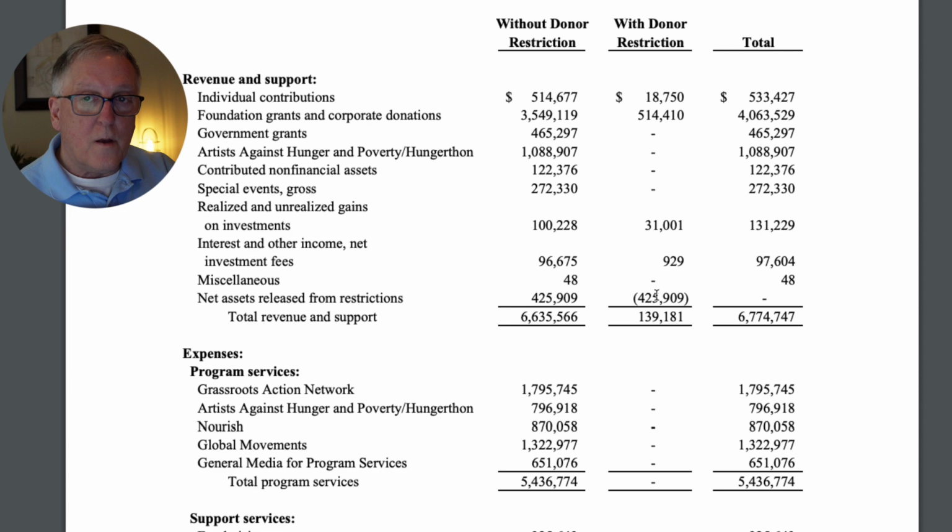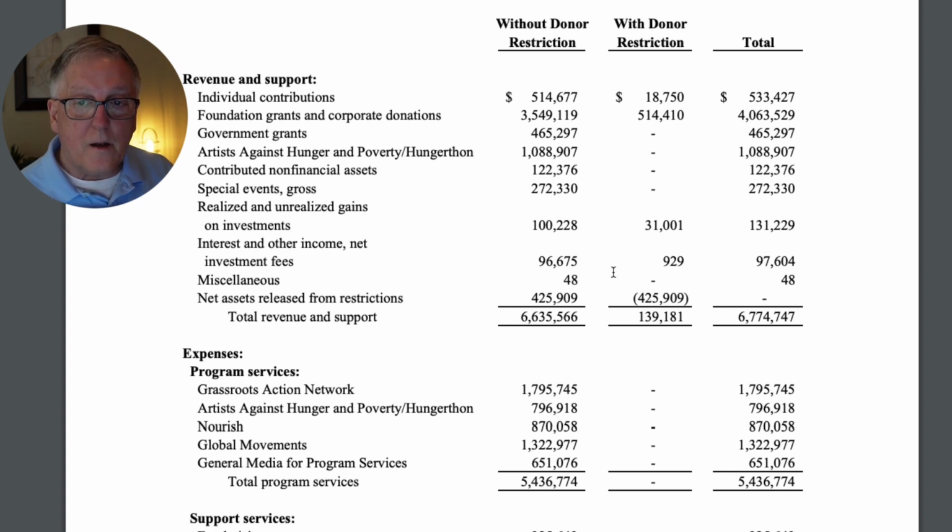In other words, this not-for-profit met the restrictions of the donors, therefore it's being moved over into without donor restriction, where the expenses are showing up down here. So that's unique to not-for-profits to see a movement like that, but that's very common.